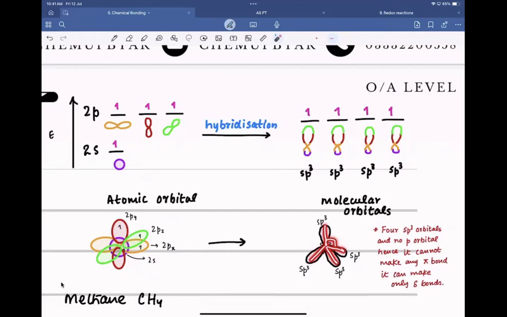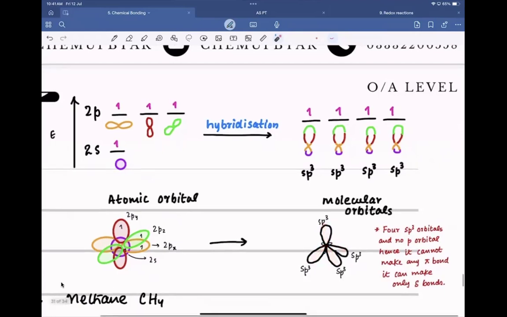So if there are 4, which shape was it, if you recall? There are 4 bond pairs now. Tetrahedral, yeah, tetrahedral, because there are 4 unpaired electrons, so it is going to make 4 bond pairs. So the shape is tetrahedral of sp3 orbitals. Is this understandable? Yes, sir.